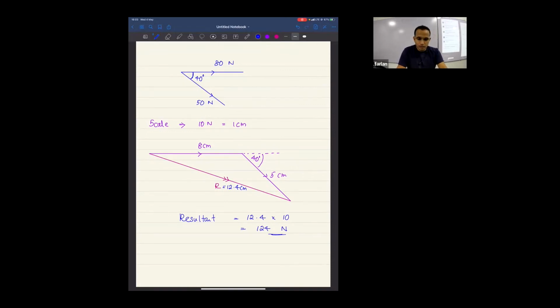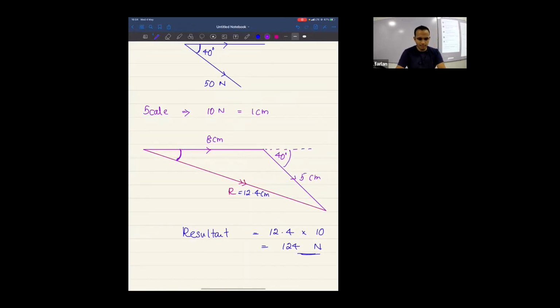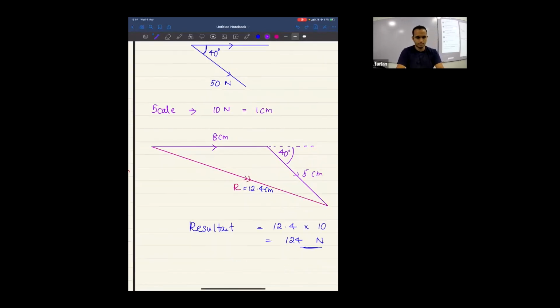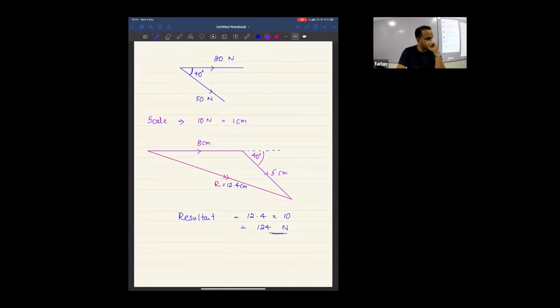So the direction of the resultant, you can measure this angle and tell me now. What is this angle? Not this one. What is the angle you are getting? 10.8? How can you measure that? I got 50. I got 140.